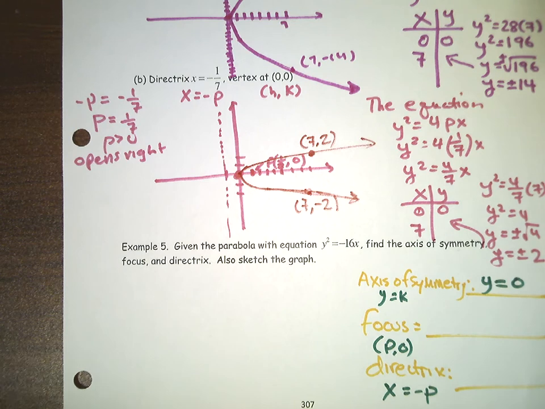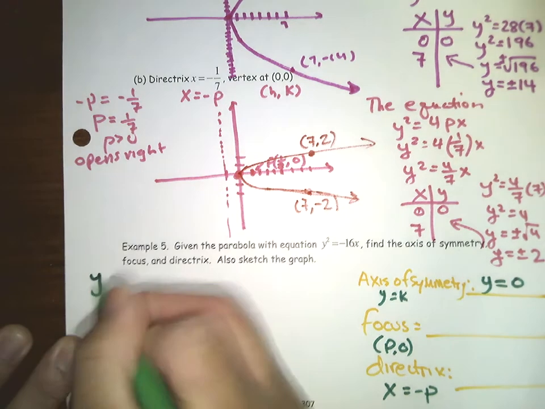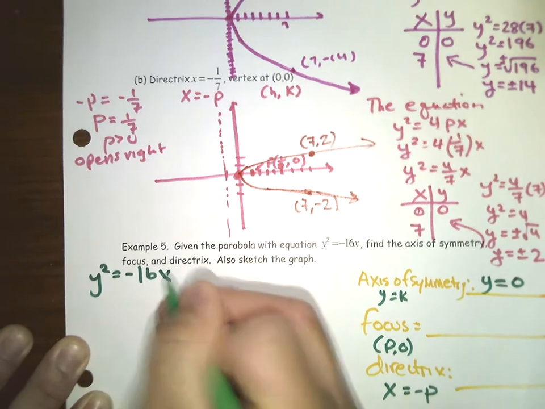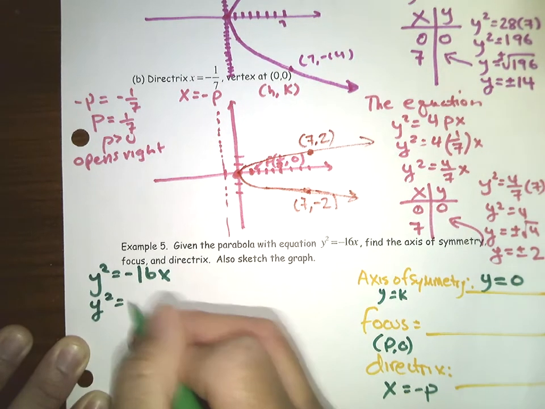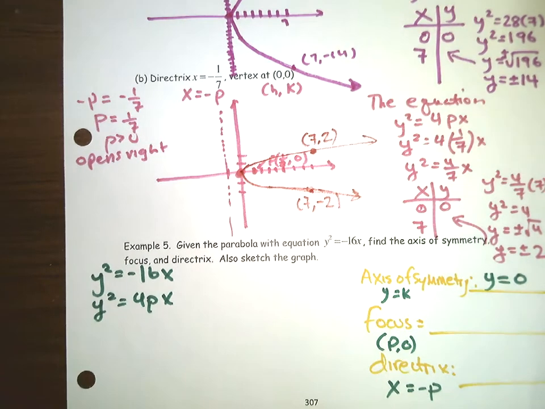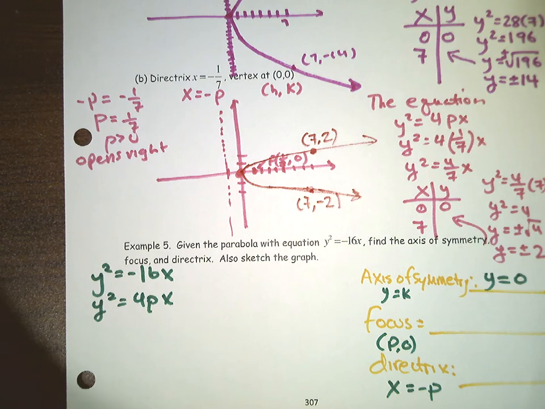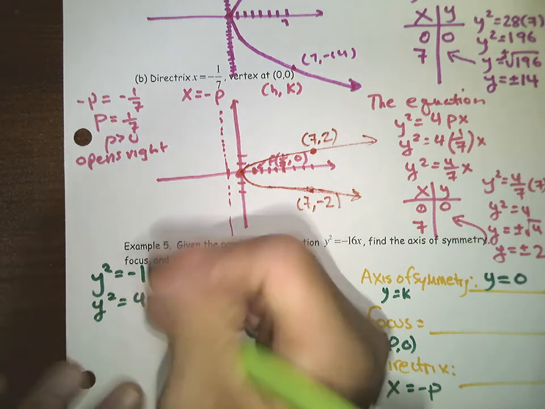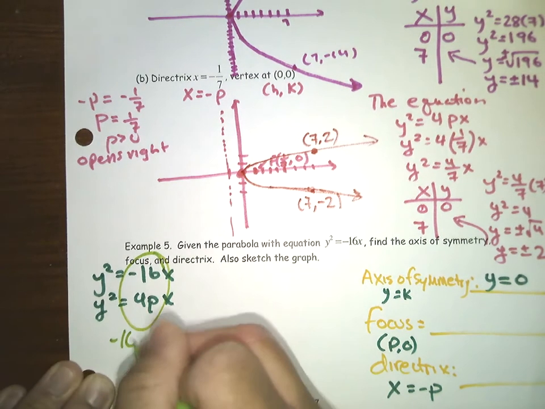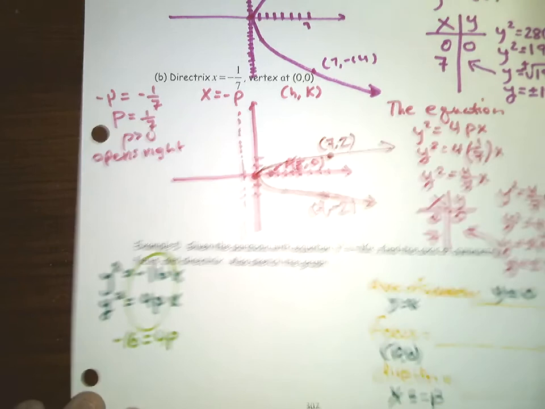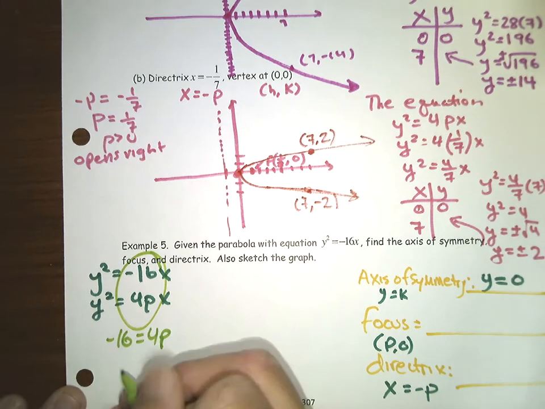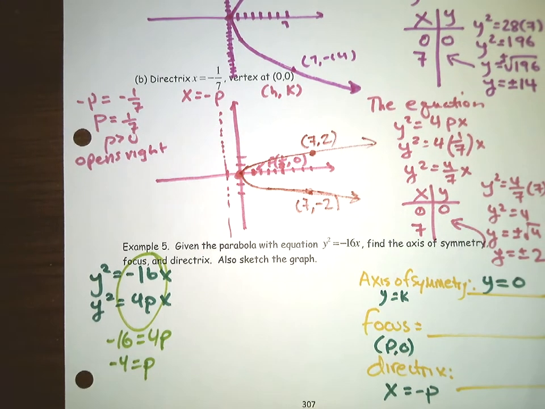Well, we need to find the focus. So we know y squared is negative 16x, but the equation is y squared is 4px. So just like before, when we didn't know what p is, we can equate these to get negative 16 is equal to 4p, then divide by 4 on each side, so negative 4 is equal to p.